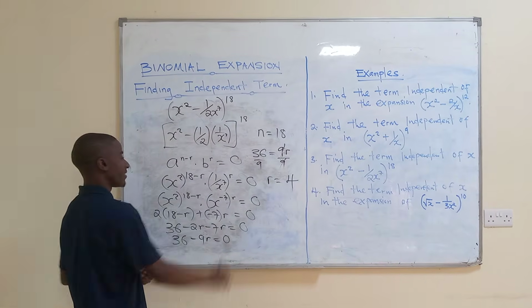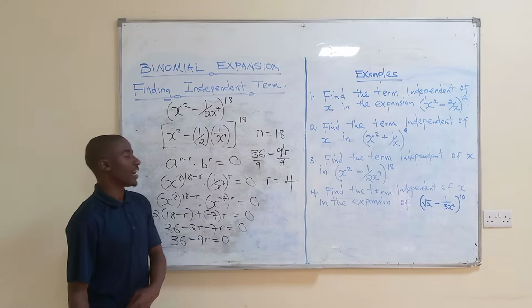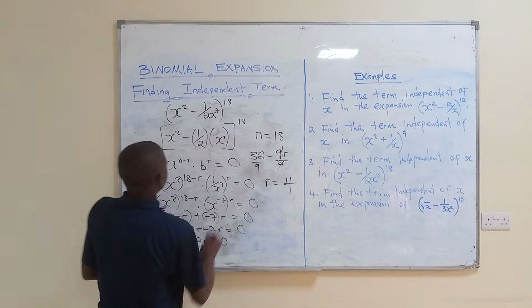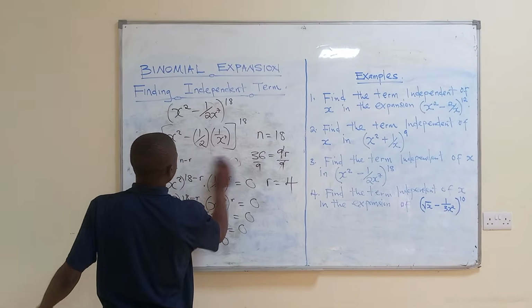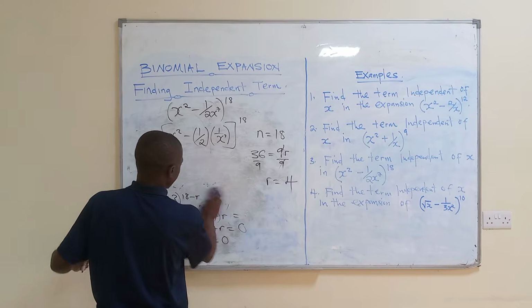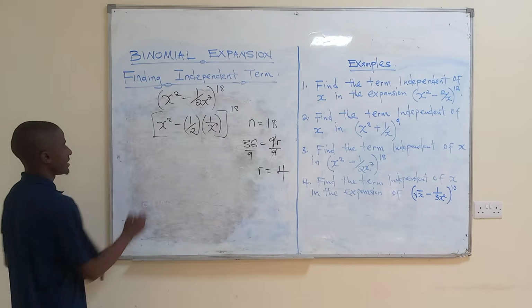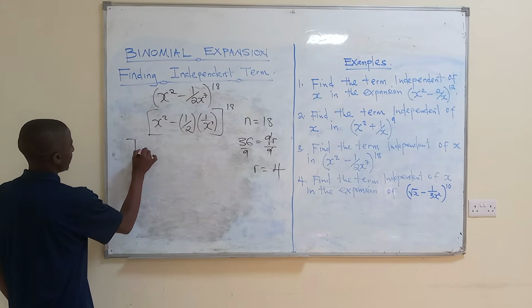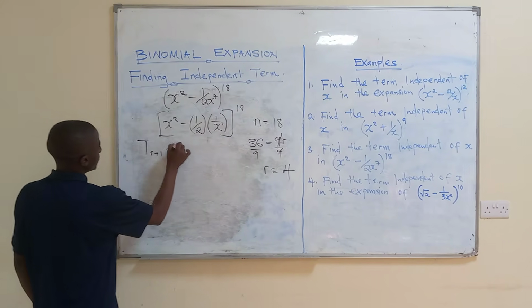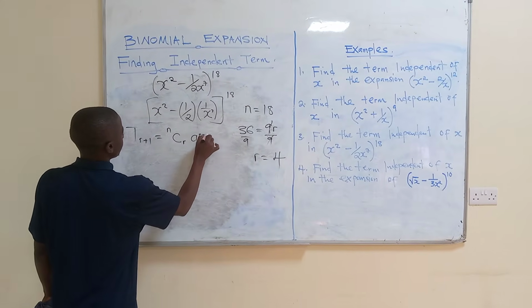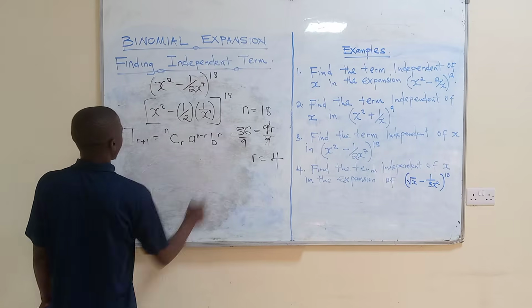So after finding the value of r, we can now proceed using the formula for calculating the independent term. So the formula for calculating the independent term, that is T(r+1), is equal to n combination r, a to the power n minus r, b to the power r.